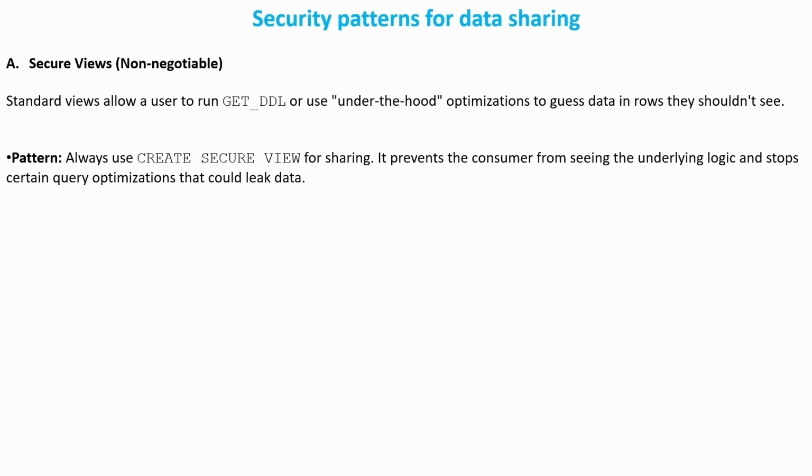The consumer can just run the view. They cannot see the under-the-hood scripts, the joins, the tables used, and the filters used. So the pattern is always use create secure view for sharing. It prevents the consumer from seeing the underlying logic and stops certain query optimizations that could leak your data.